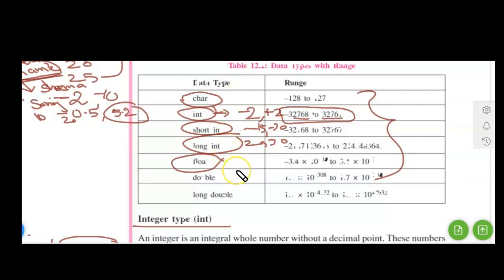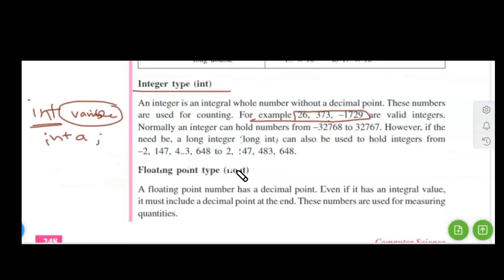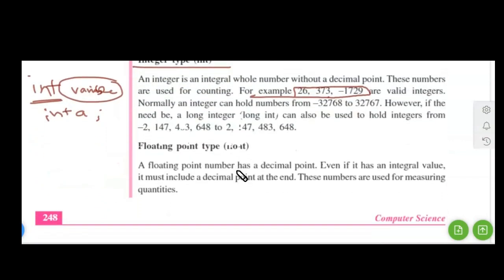If you need more, you have to use other data types. If it needs to be a long integer, you have to use long int. You can see this value is very big and this value is very big, so this will not be included in int. For that you have to use the long int data type.